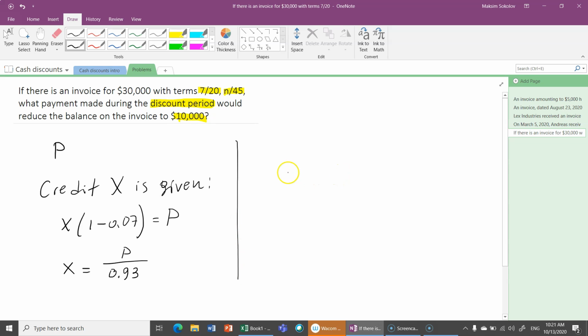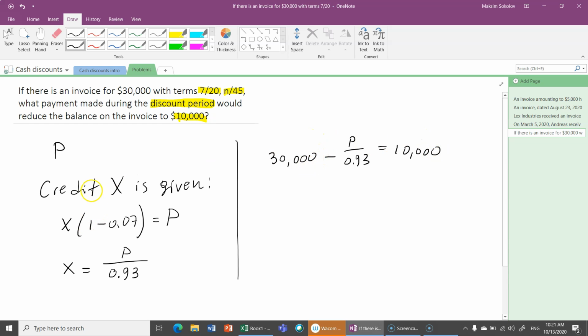We are also told that the balance of the invoice should be reduced to $10,000. It means that we have to have the $30,000 reduced by the credit, and credit is P over 0.93, and we should be receiving $10,000 as the result.